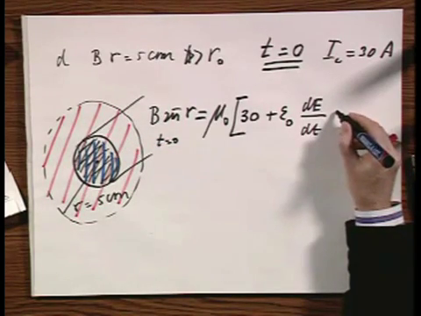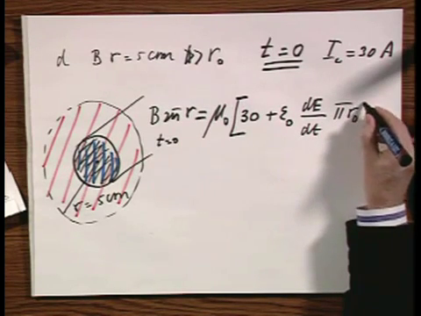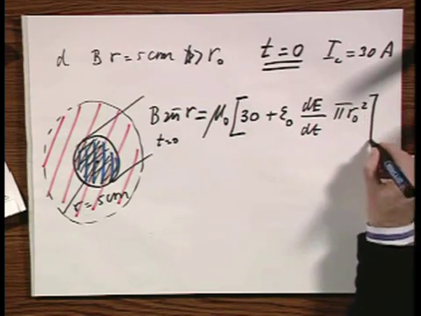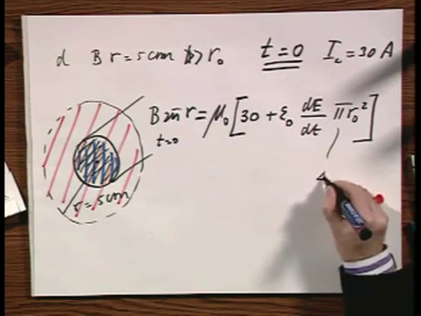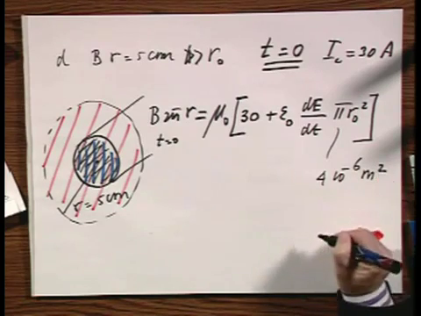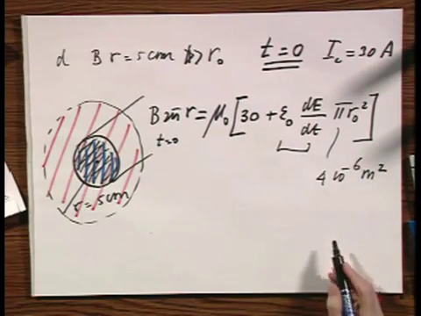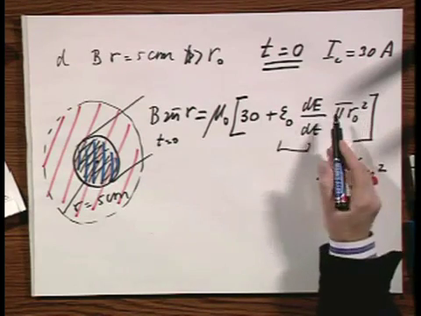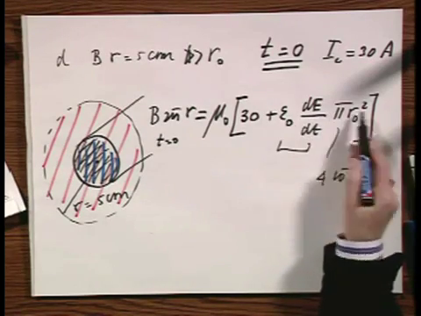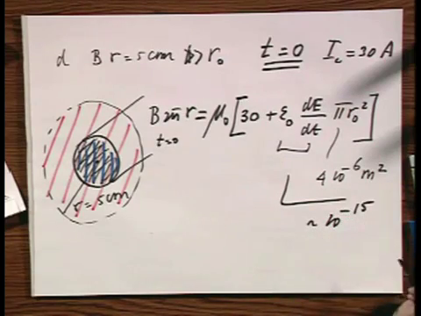So I have now times the area, which I will call pi r0 squared, which was, I believe, 4 times 10 to the minus 6 square meters. Well, earlier we calculated this, which was ridiculously small, and when you multiply these two, you get an absurd number, which is of the order of 10 to the minus 15.